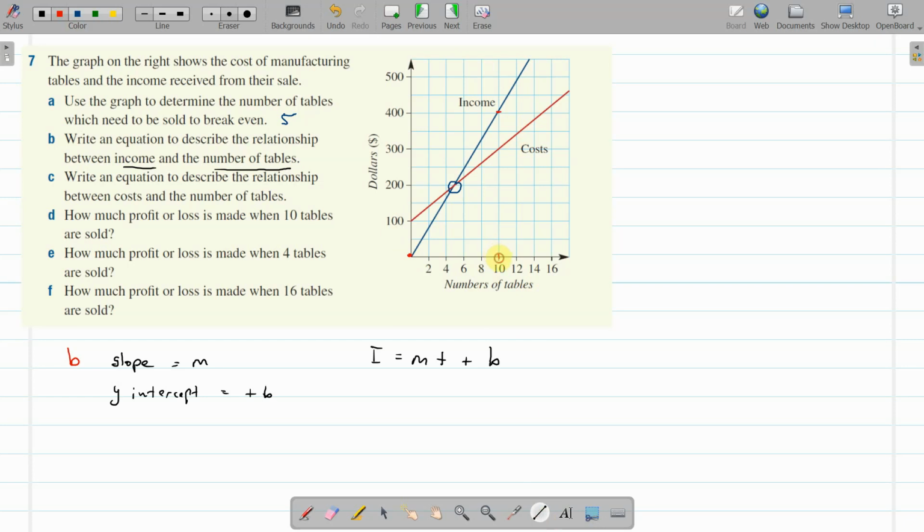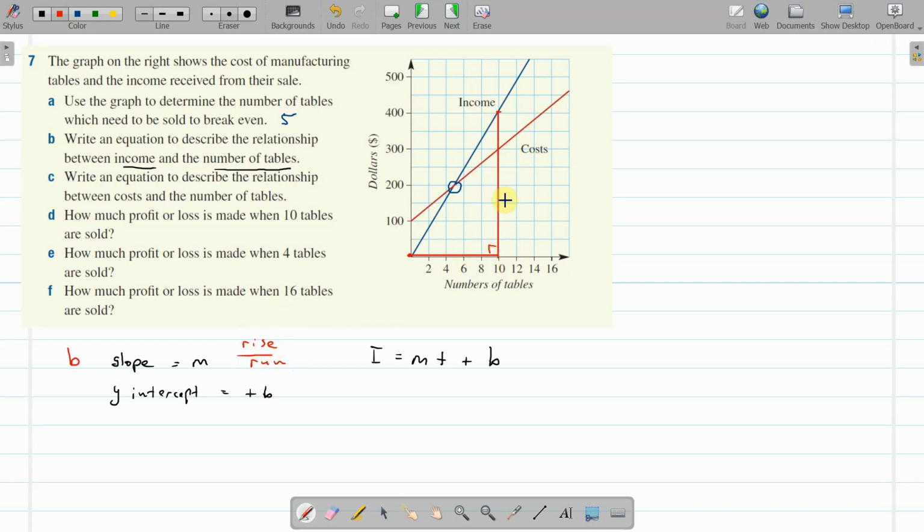Although not ideal, anyway, so we're going to make a right angle triangle to find how far it goes up. Here we are. This distance here is the rise and that's the run. And that's how you get slope. Rise over run.